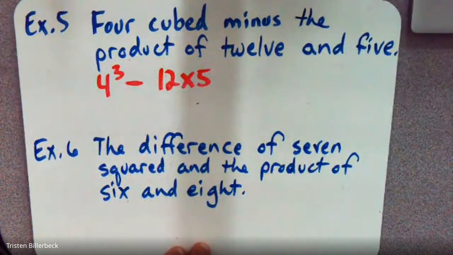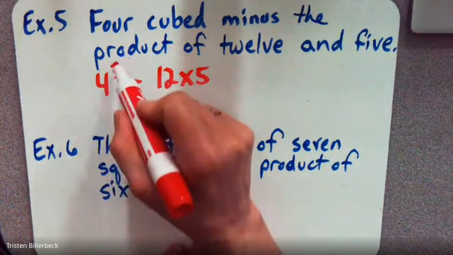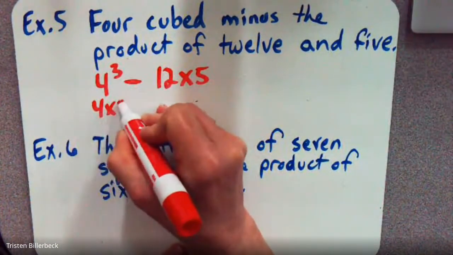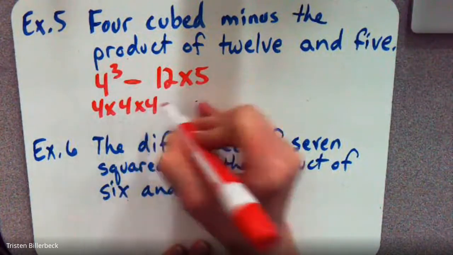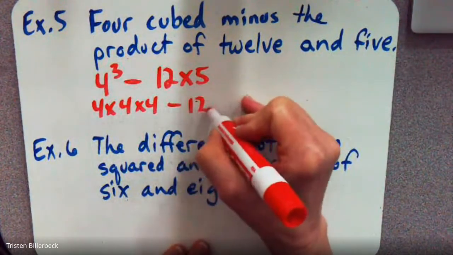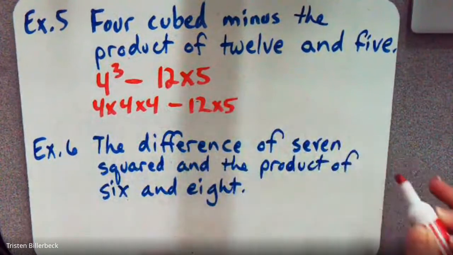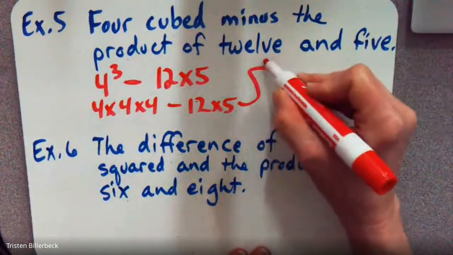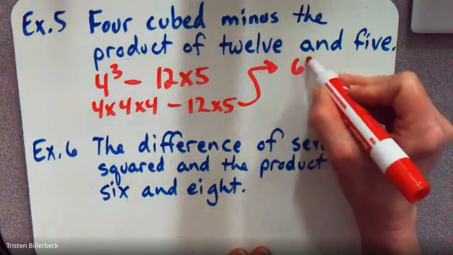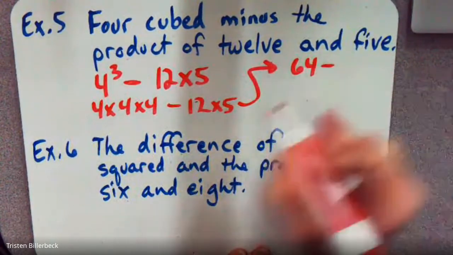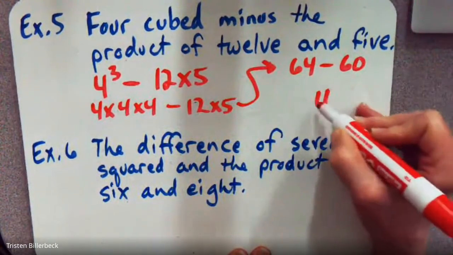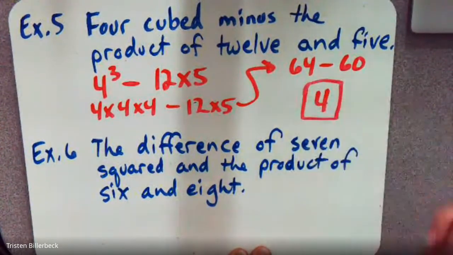So with PEMDAS, or order of operations, we do exponents first. 4 cubed is 4 times 4 times 4 minus 12 times 5. So 4 times 4 times 4 is 64 minus, and 12 times 5 is 60. So we end up with 4.